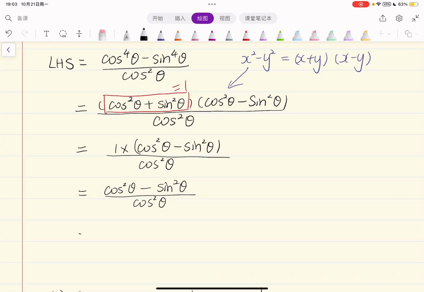That equals cosine squared theta over cosine squared theta minus sine squared theta over cosine squared theta.